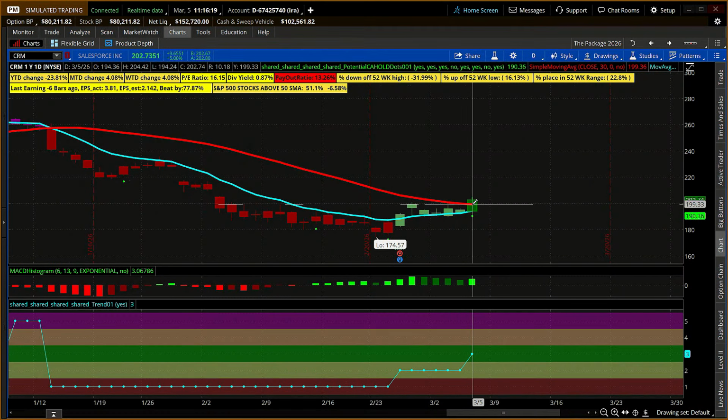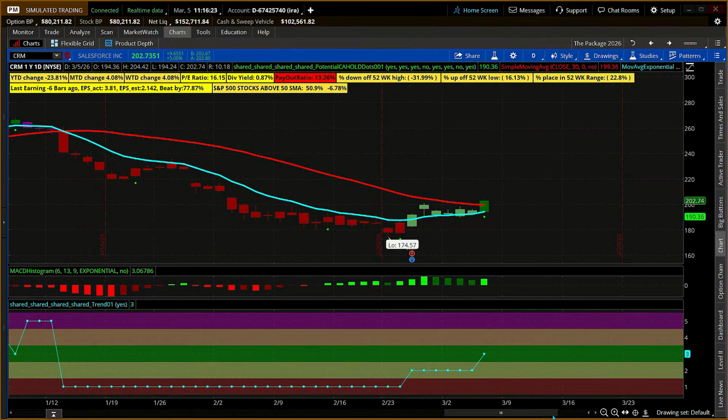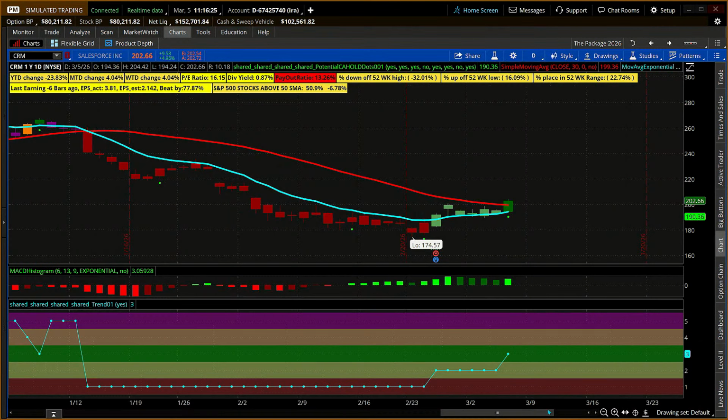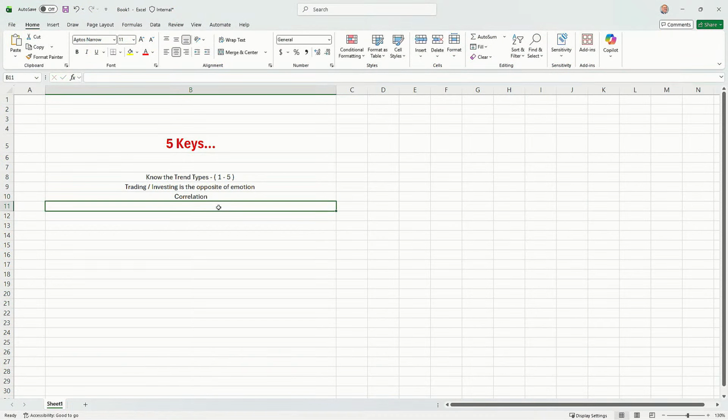The other point I want to bring up here is diversifying strategy. Sometimes people say, I'm a stock investor only, so they just go long and hope it goes up.